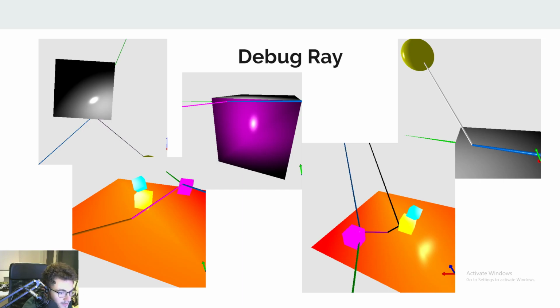Each reflection ray gets the color of the intersection point. In the top right picture, we can see that the reflection ray is white because it has a specular there. If it hits the orange-purple box, it gets the purple ray, and if it hits the plain orange plane, it gets the orange ray.